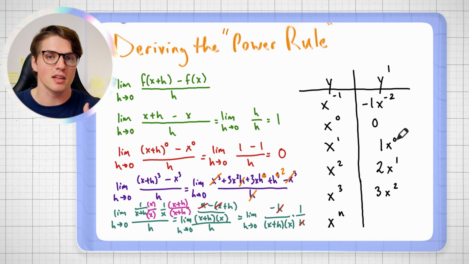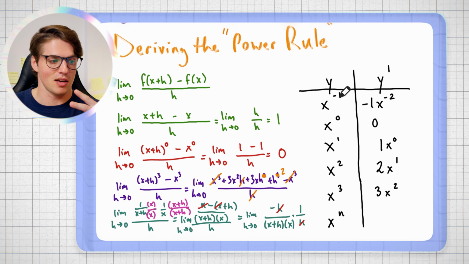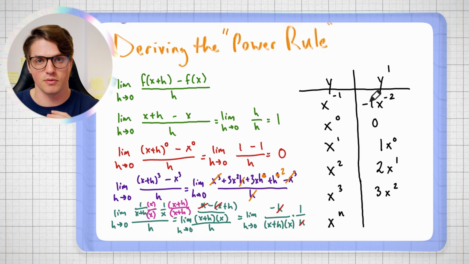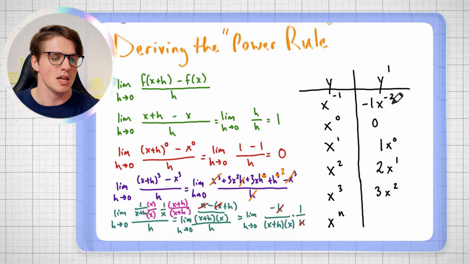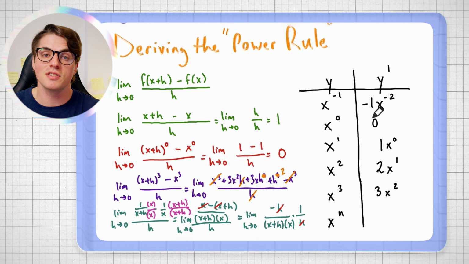So it looks like no matter what power we have, we bring down that power. For example, x to the negative 1, we have a negative 1 in front, and then we subtract 1 from the exponent. So x to the negative 1, we bring down the negative 1, and then we subtract 1 from negative 1 to get negative 2. This works for everything. If we have x to the 0, this still works.